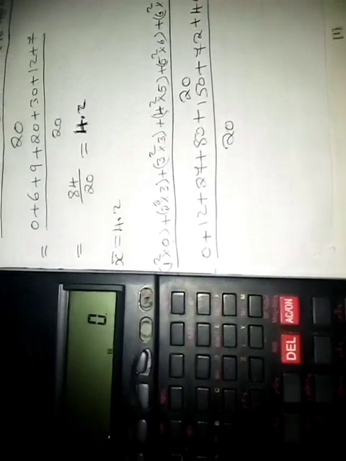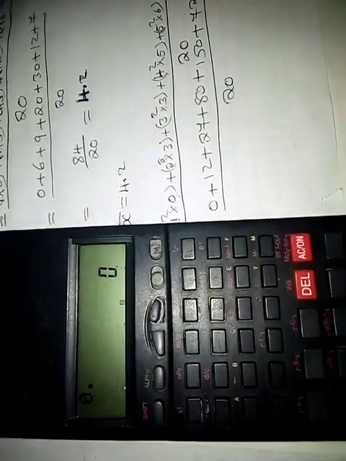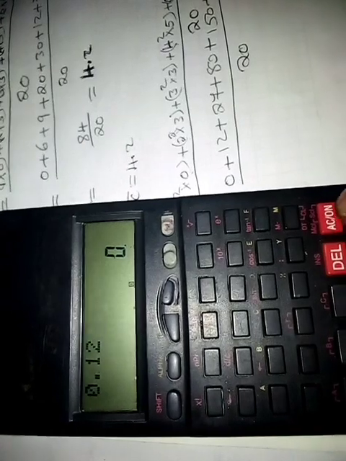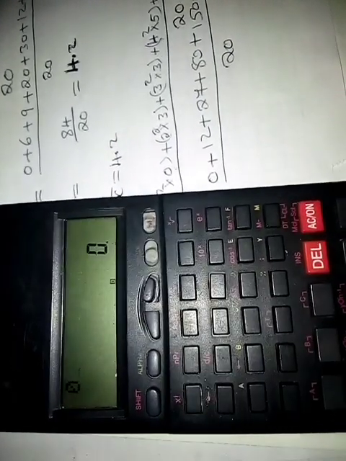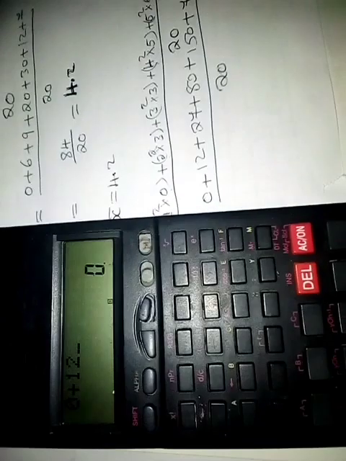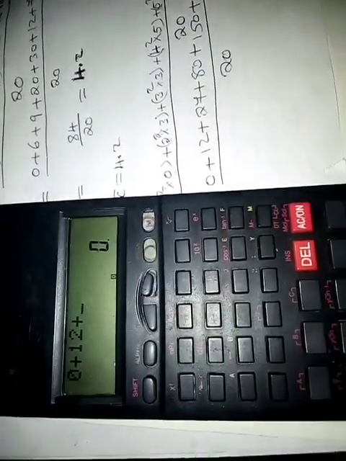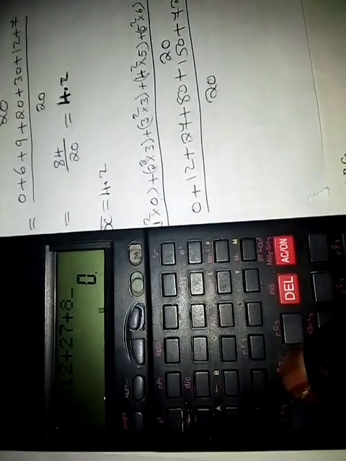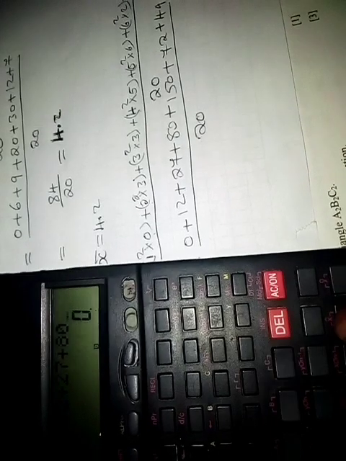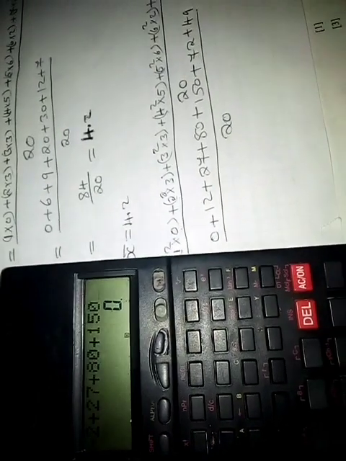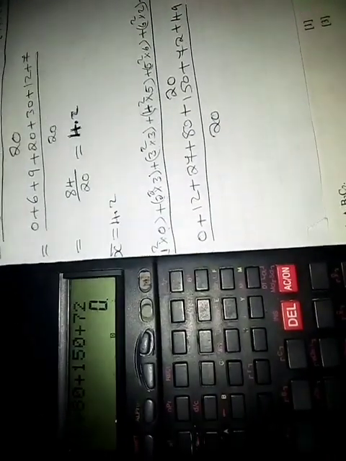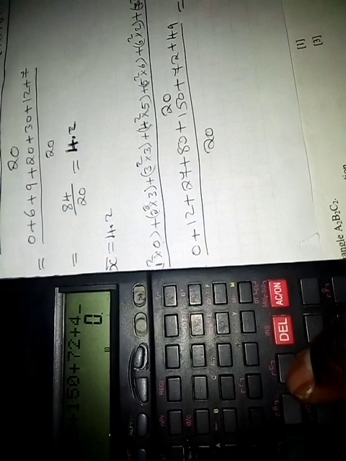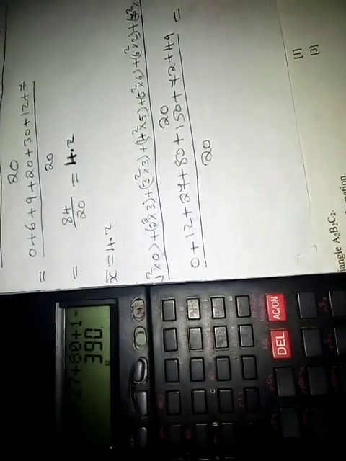Let's add all these numbers. So we add 0, plus 12, plus 27, plus 80, plus 150, plus 72, plus 49, then the answer is 390.